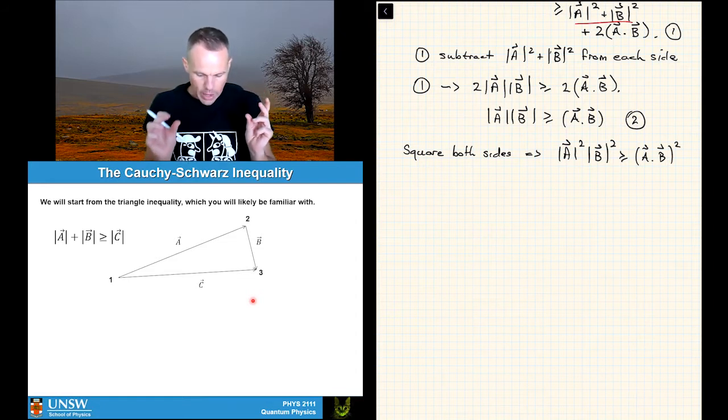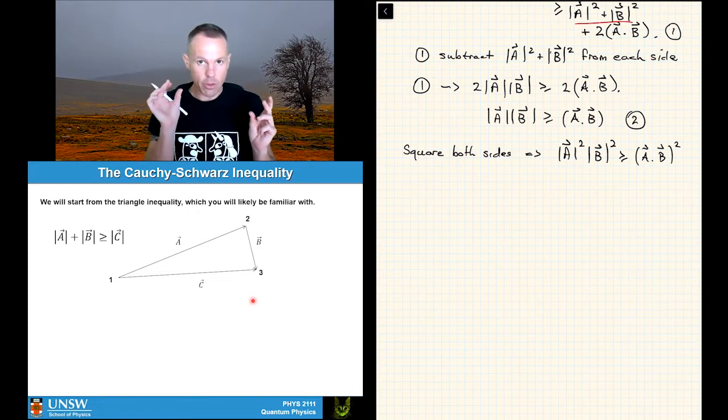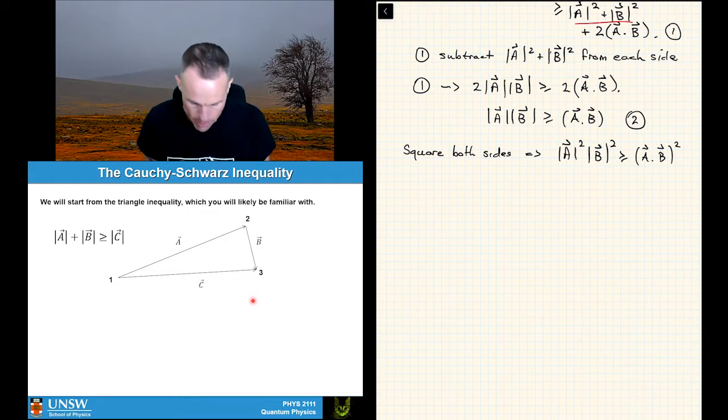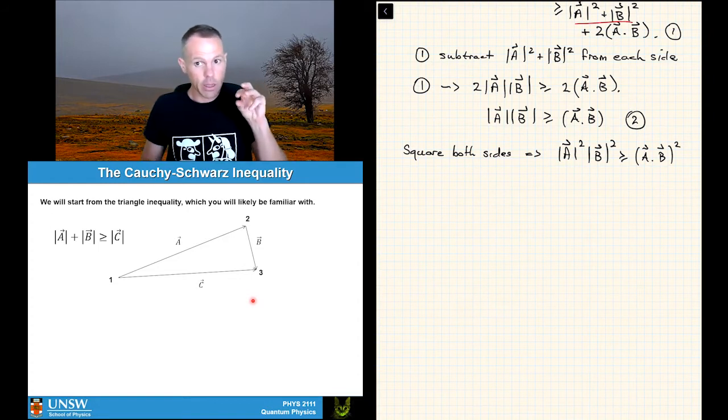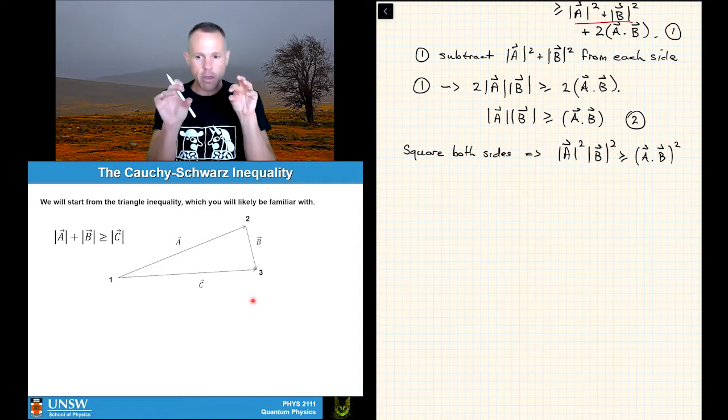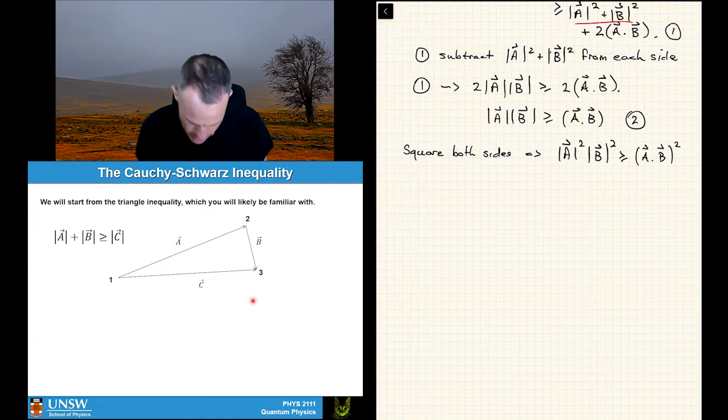And of course, we know that the biggest value we can have for A dot B squared will be the length of A times the length of B, squared, in there because of the way the cos function works. So here I'm actually exploiting the fact that I've got an inequality here to basically replace something with something else that I know is going to behave in the same way.